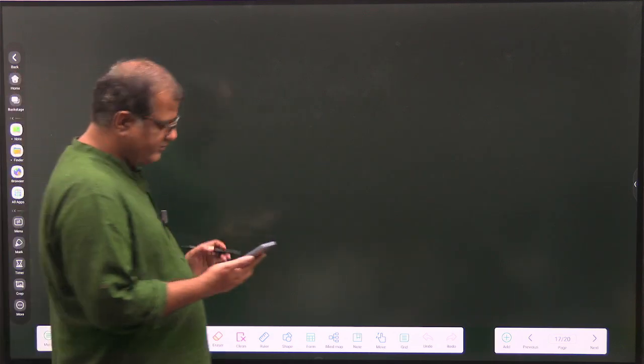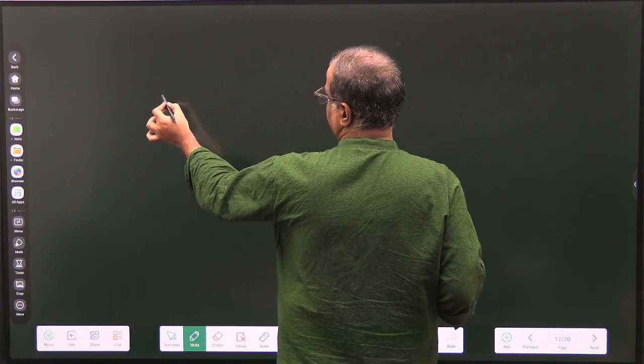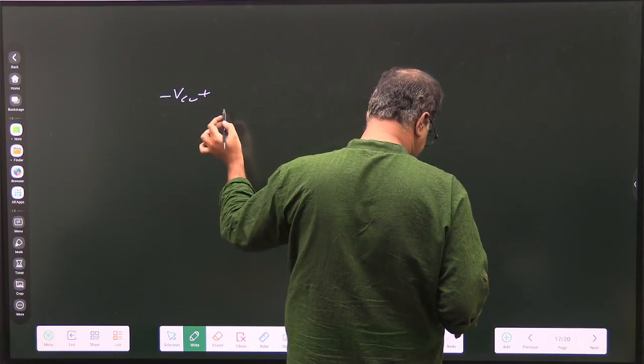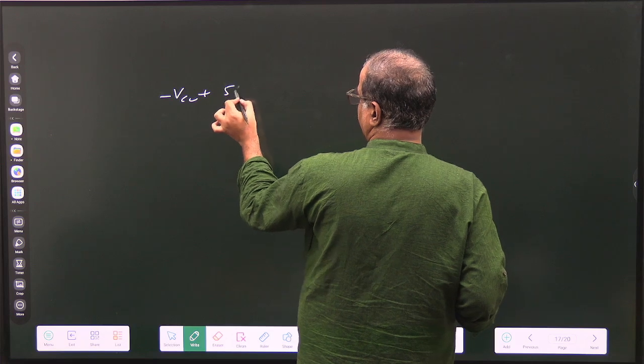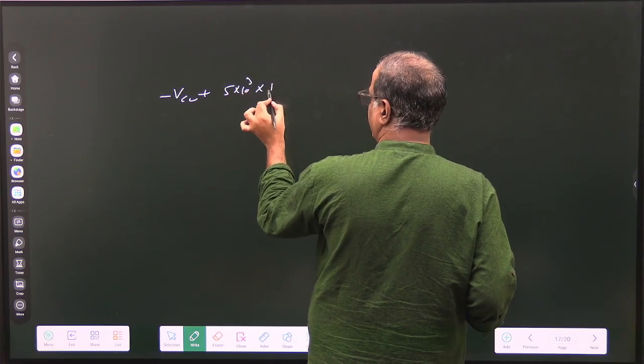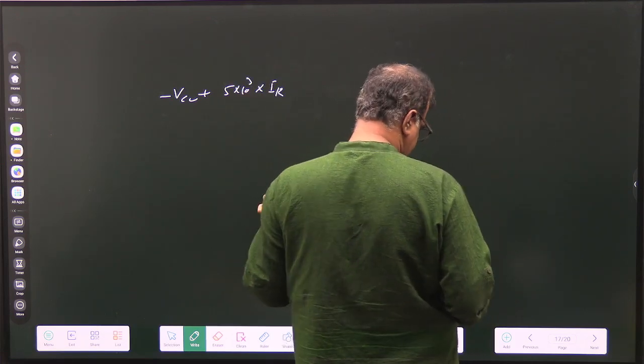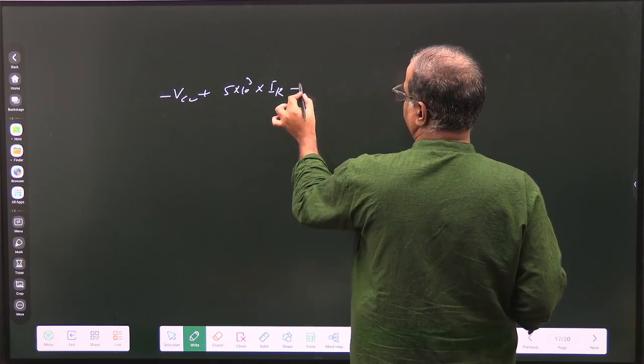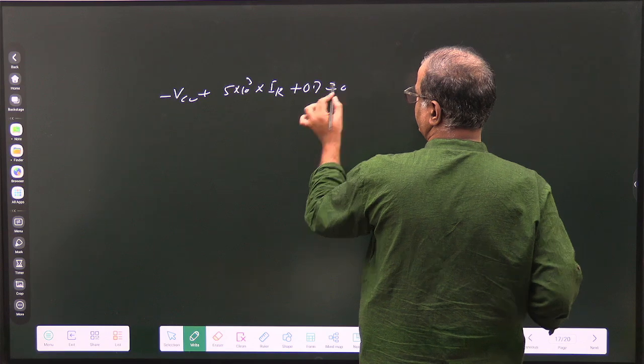This is a current mirror circuit. You can write minus VCC plus 5 kilo ohm IR plus 0.7 equals 0.